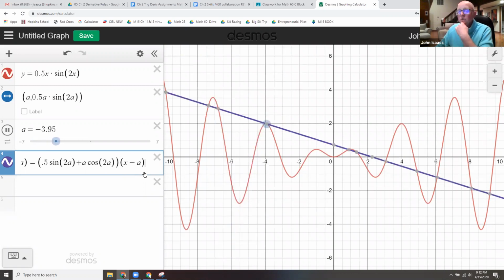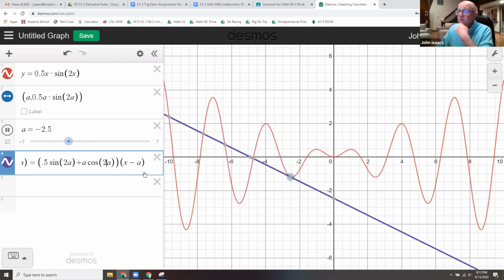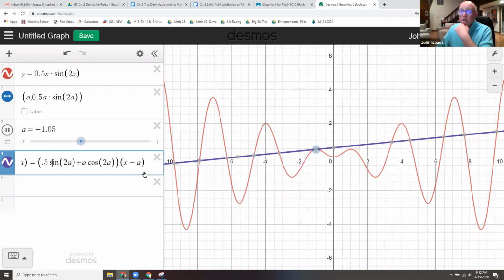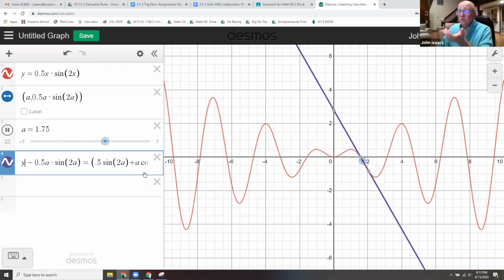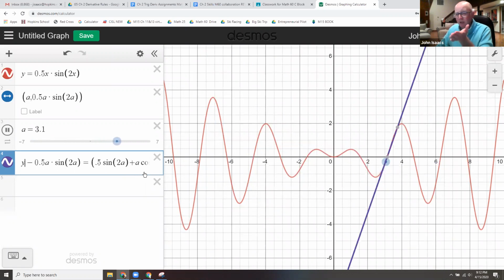All right. So in order to do these properly, you basically need the derivative and the function. So the function you have, you just have to substitute a instead of x. And then the derivative you need to calculate, and again, substitute a instead of x. And then you let your a play, and it follows the curve.